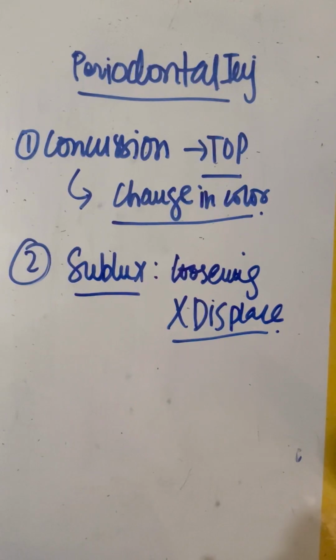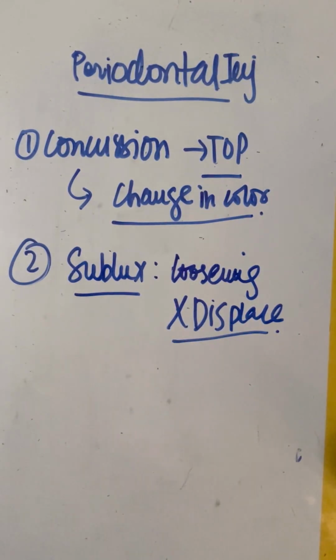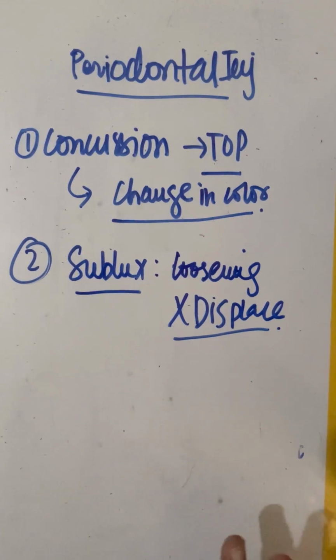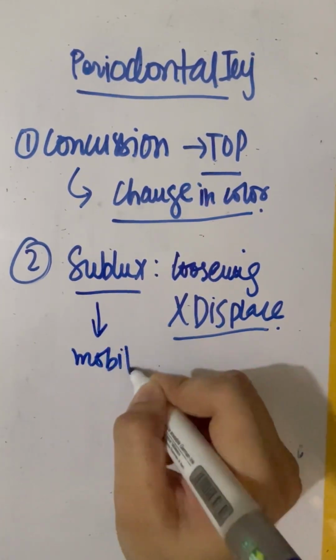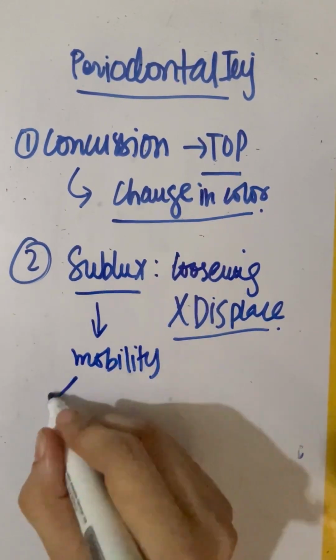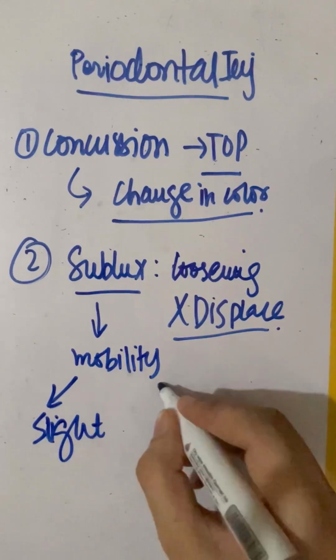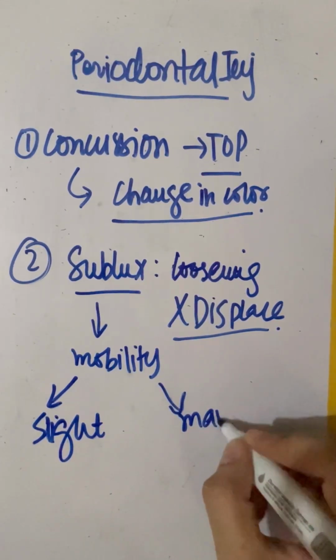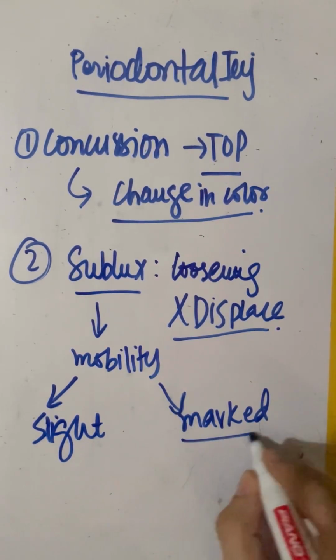So in subluxation, what will we do? We will decide the management on the basis of mobility. If there is slight mobility, if there is marked mobility. In marked mobility, what will we do?